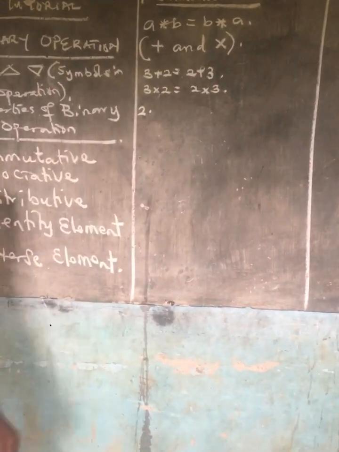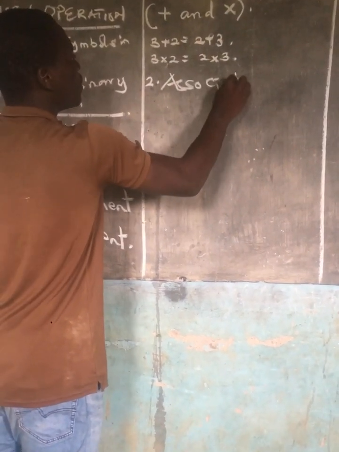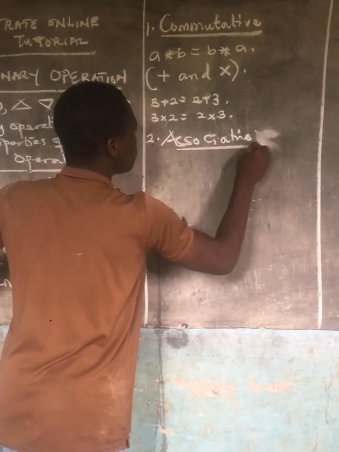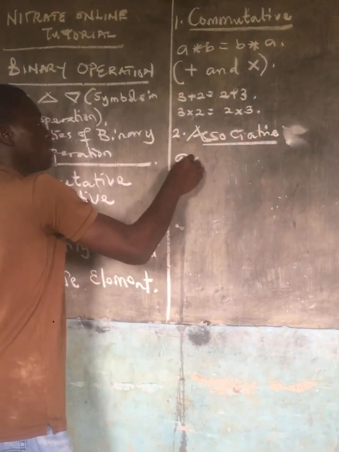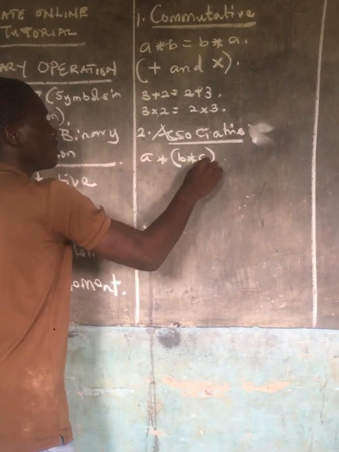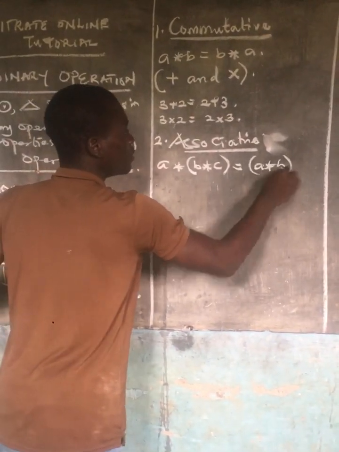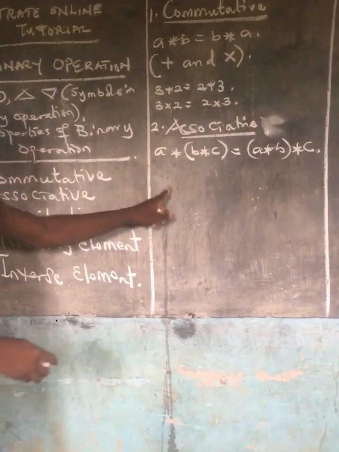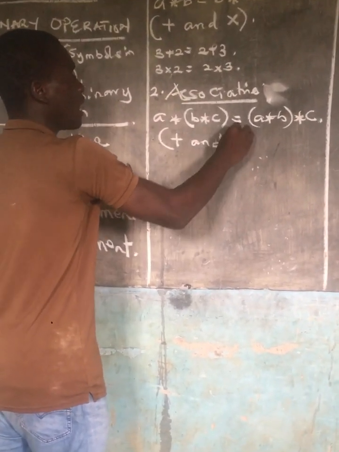Number 2, we have associative property. In associative, A asterisk open bracket B asterisk C must be equal to open bracket A asterisk B close bracket asterisk C. In this also, the signs that enter it are plus and multiplication.